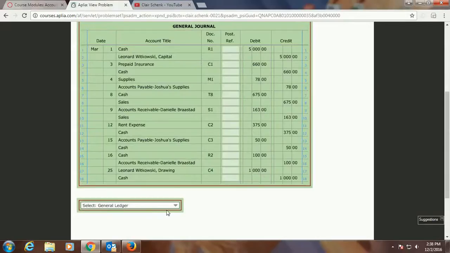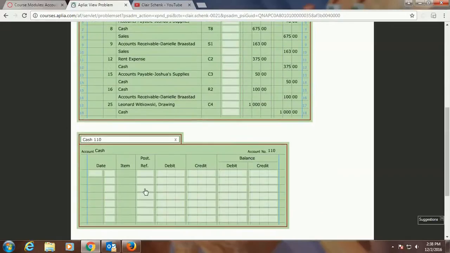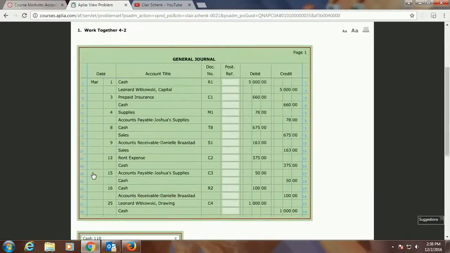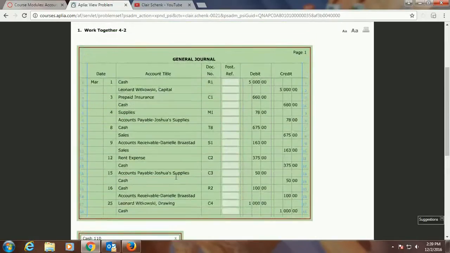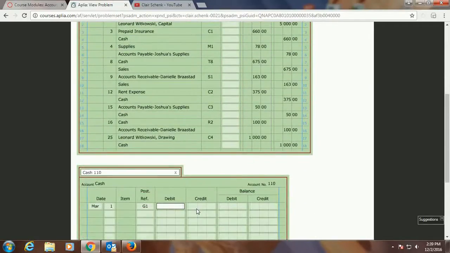and we're going to go to March 1st, and the first line is cash. So I'm going to open cash, and there's my ledger account. And so I'm going to record March 1. The post reference is going to be G1 for General Journal page 1, and it's a debit of $5,000. So I'm going to put $5,000.